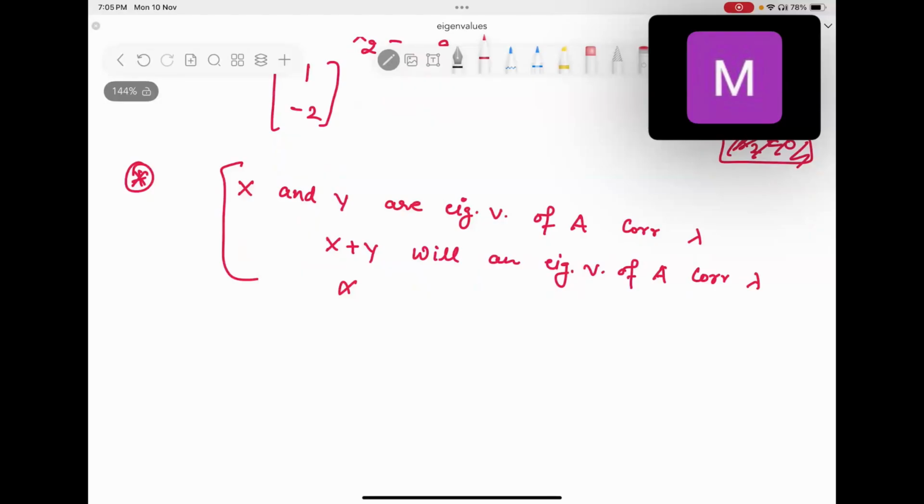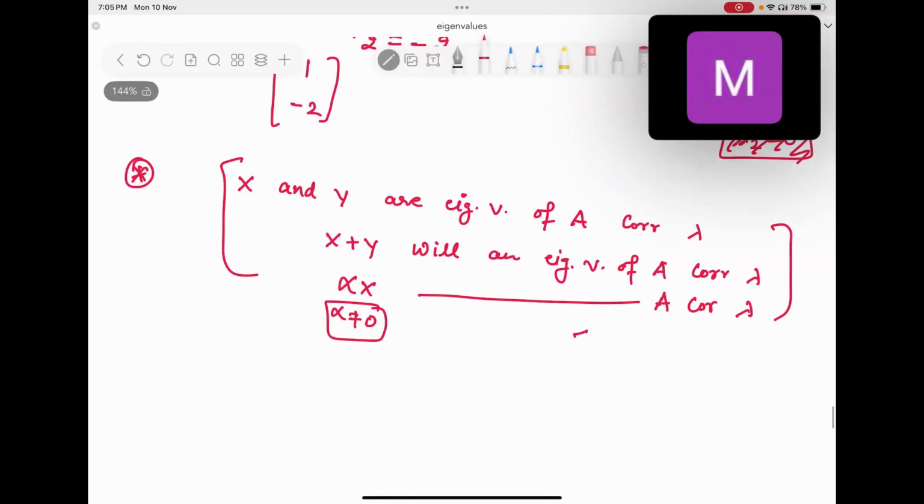And alpha x, for alpha non-zero, is also an eigenvector of A corresponding to the same lambda. That's why this E lambda actually forms a subspace.